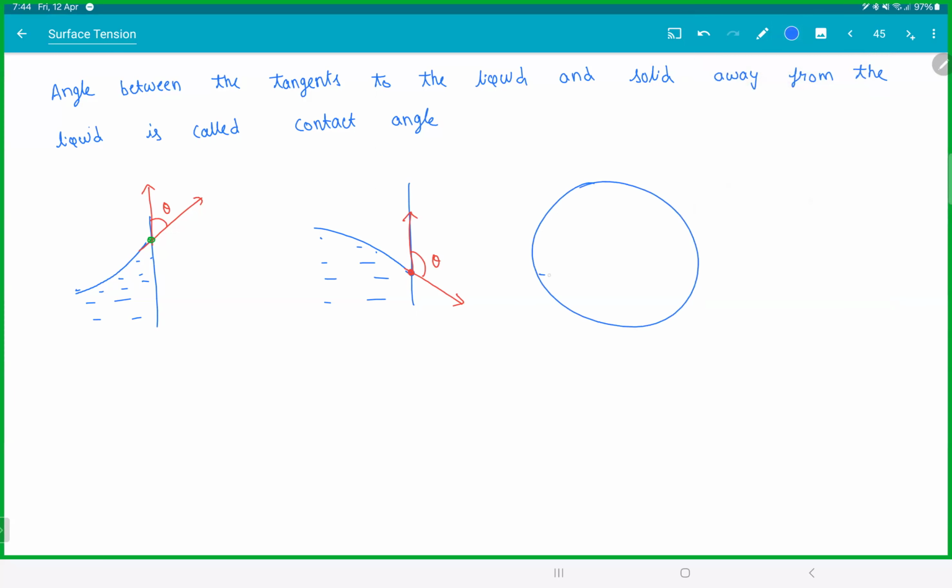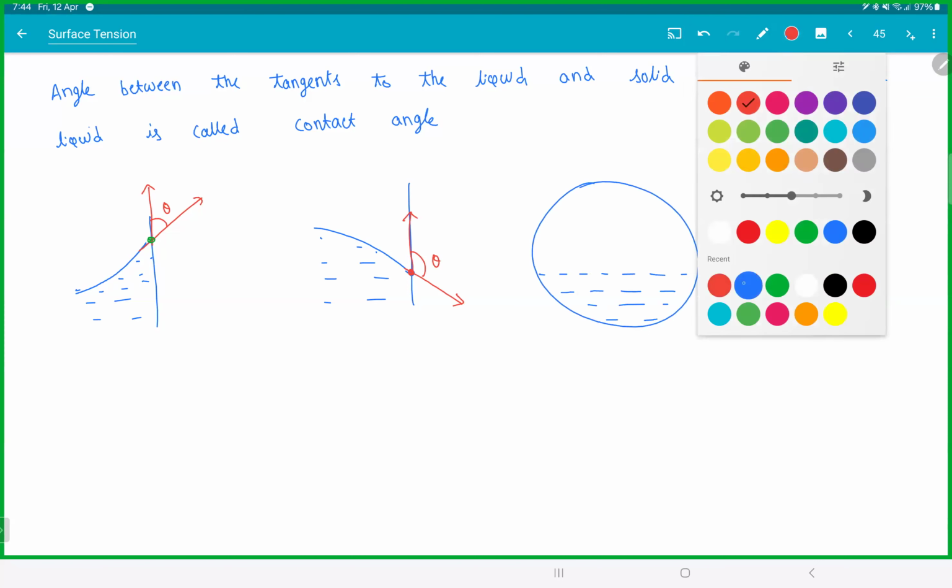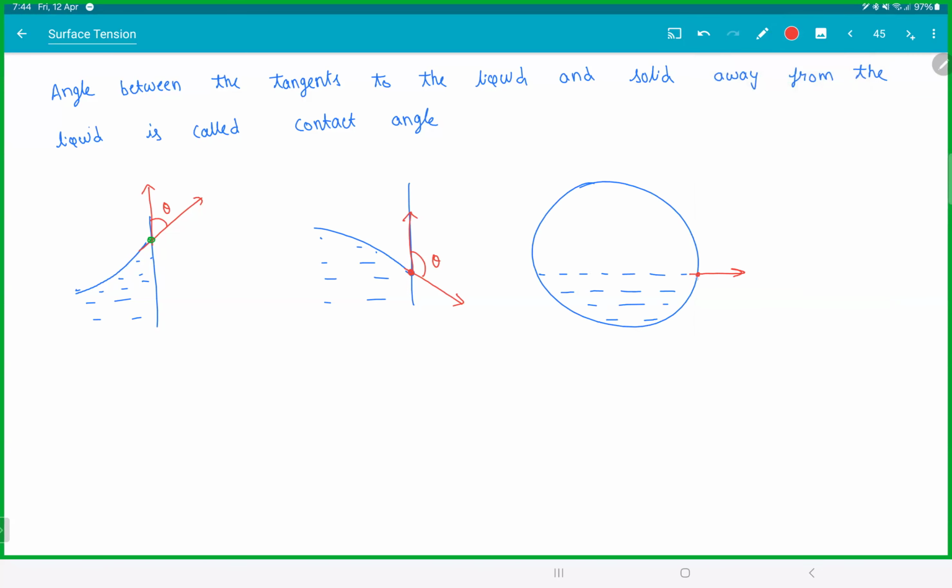If you take a shell filled with liquid, at the point of interface, away from liquid, this is contact angle. If you have a shell and the liquid is outside, away from liquid, this is contact angle.